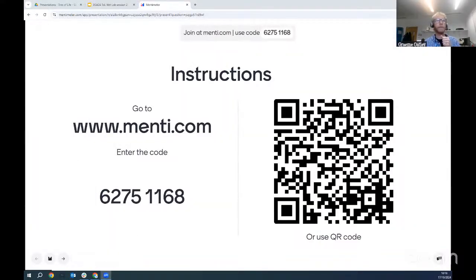Okay, so I hope that most people have access to a smartphone or computers. Everyone see that menti.com? Fine, okay. So if everyone who wants to take part would like to either use the QR code or go to the website menti.com and enter this code, we can start with our interactive session.